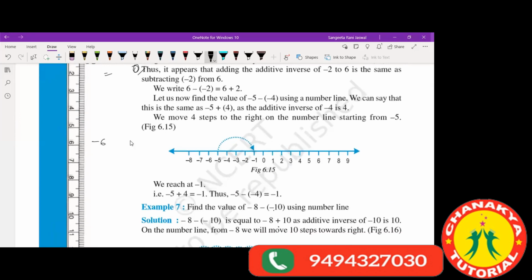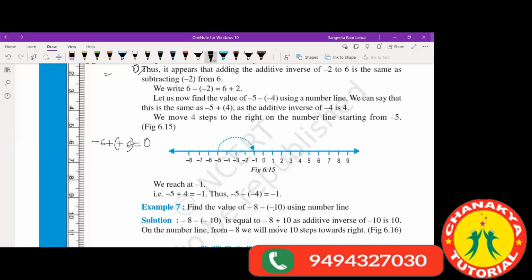First is Adya. Adya, tell me. Ma'am, +6. +6. I have to do what? +6 is the opposite of this. What will I do now? I will write plus. I have to add the opposite of this, and +6 plus +6. What will be the answer? Ma'am, 0.